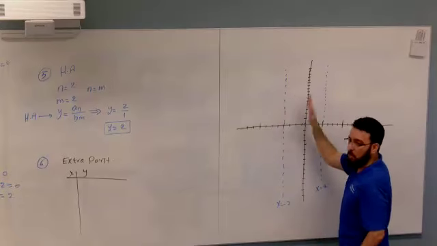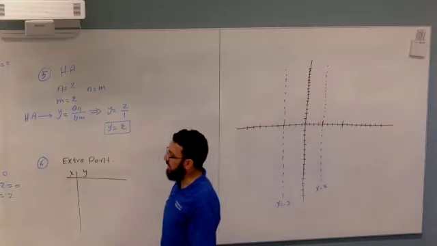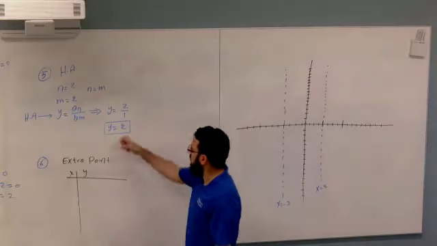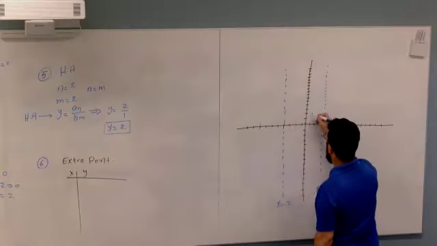The graph is going to be between these two lines, and the same thing on this side. Now horizontal asymptote, y equals 2. So here's y equals 2.